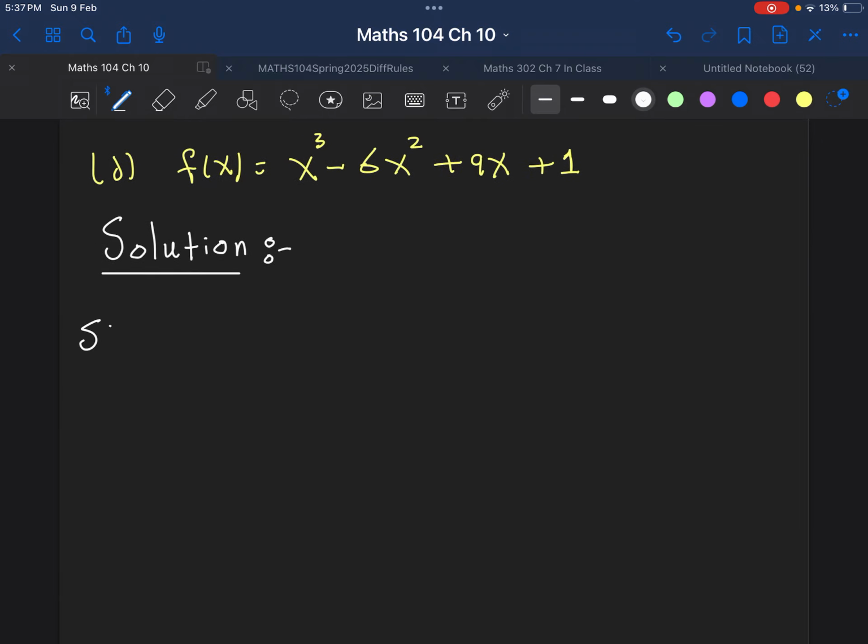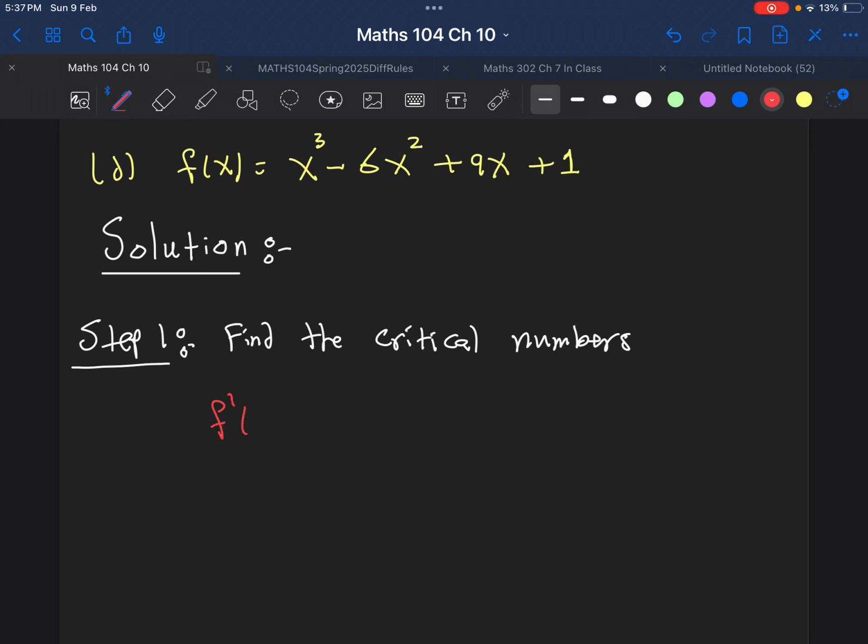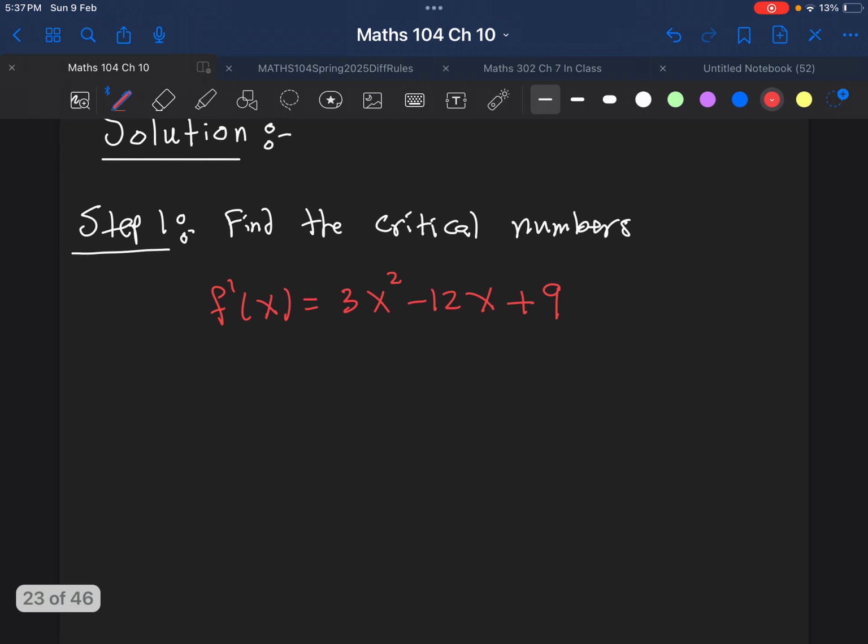Next question, part D. Again, we need to find the local minimum, local maximum, and the intervals of increasing and decreasing. So the first step, we will find the critical numbers. Let's see how we find the critical numbers. We find the derivative, and the derivative will be 3x squared minus 12x plus 9.